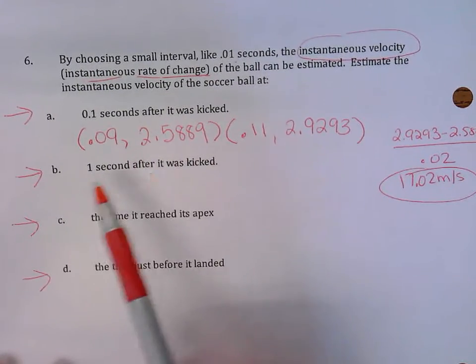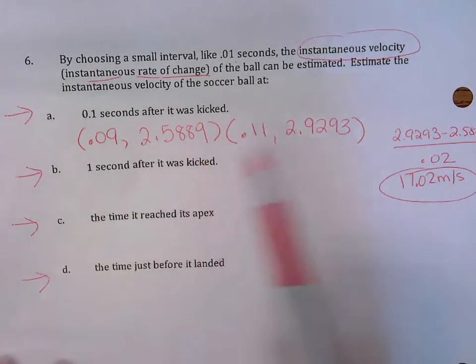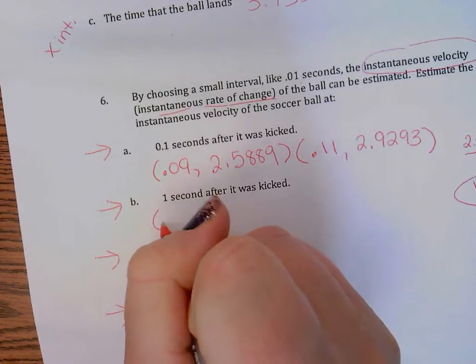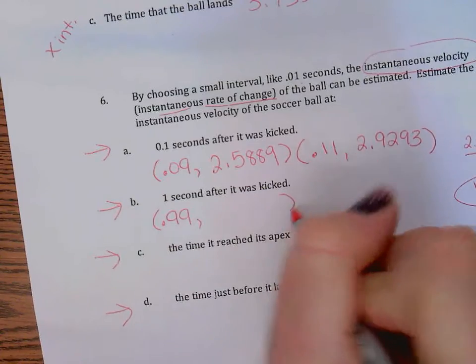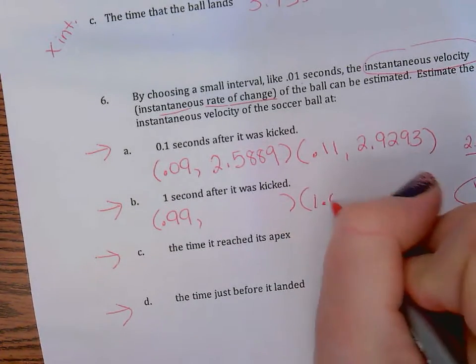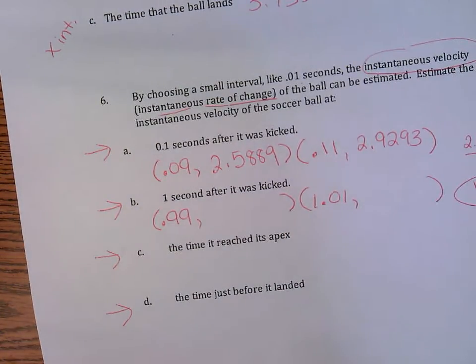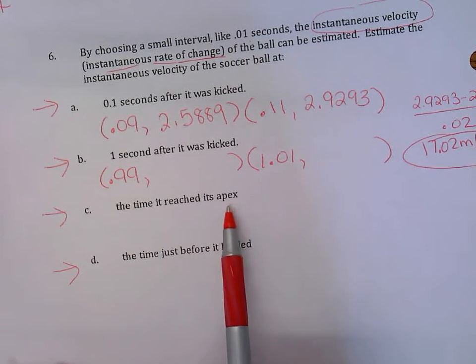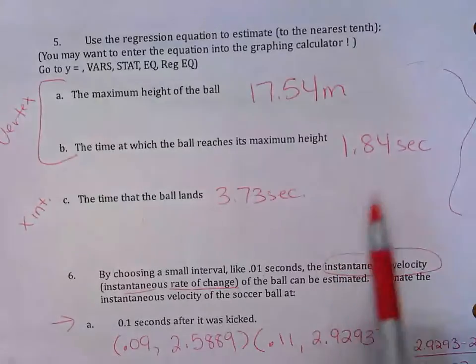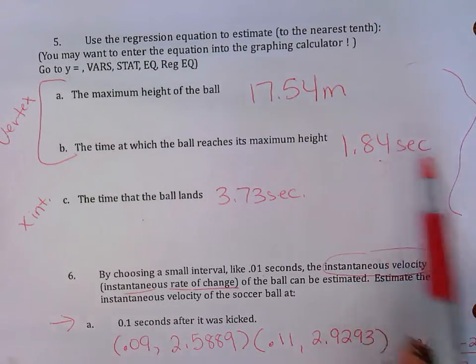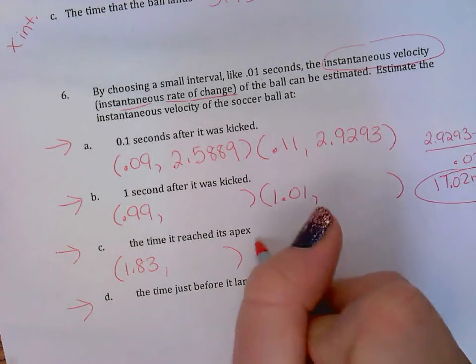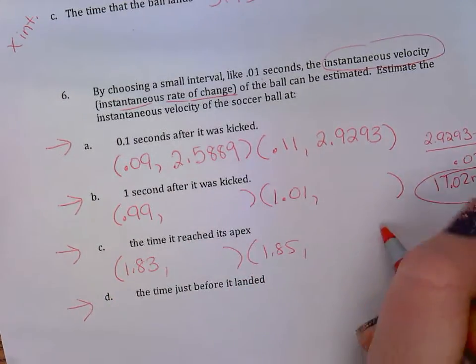What about at 1 second after it was kicked? So the points you're going to want to grab this time are 0.99 seconds and 1.01 seconds, and then do the slope between those 2 points. What about the time it reached its apex? The time we got up here was 1.84. It reached the vertex. So you're going to go to 1.83, see what you get, 1.85, see what you get.